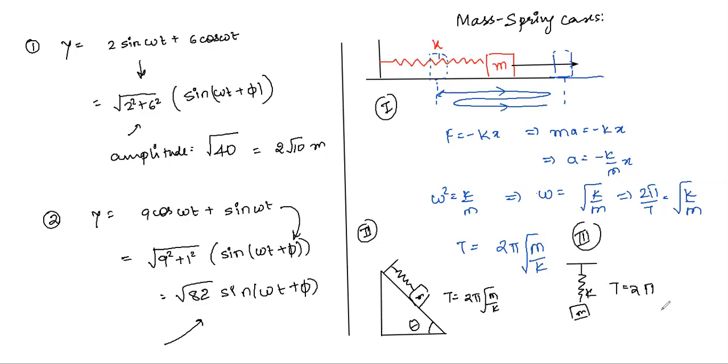Class, please take this note with you. The time period is independent, in all three cases, of the orientation of the block. It does not depend on how the block has been oriented, right?